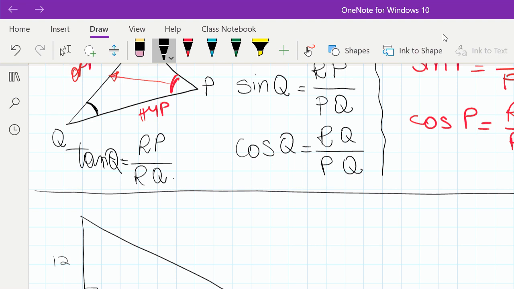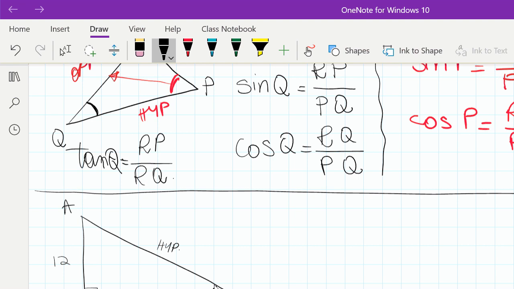For simplicity, we will label the triangle ABC, and let's find the sine, cosine, tangent ratio of angle B. Before we do so, we have to figure out the length of the line segment AB, which is the hypotenuse. As we said, no matter whether you are looking at angle A or angle B, the hypotenuse will be the hypotenuse.